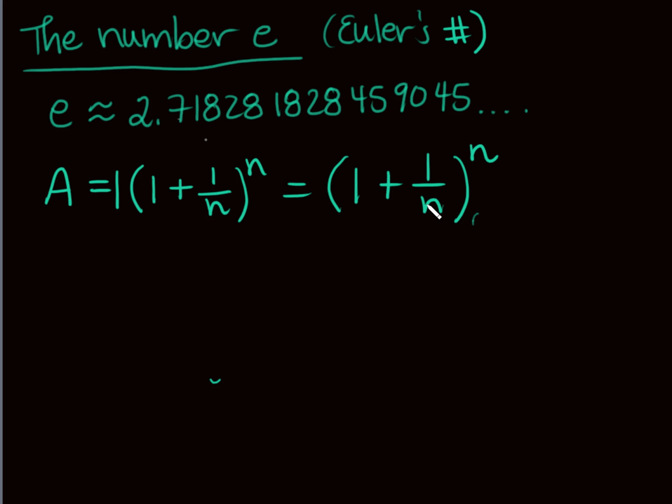Let's say you compound every minute, every second, every millisecond in a year. What's going to happen is you're going to see that as n approaches infinity, you actually cannot make as much money as you want to. There is a limit to it. As n goes to infinity, A goes to e, which is really kind of creepy.